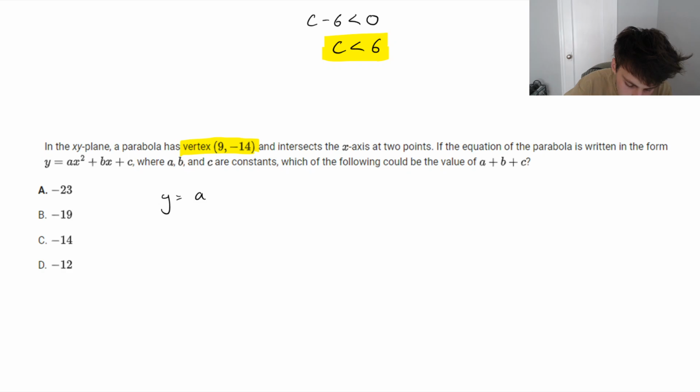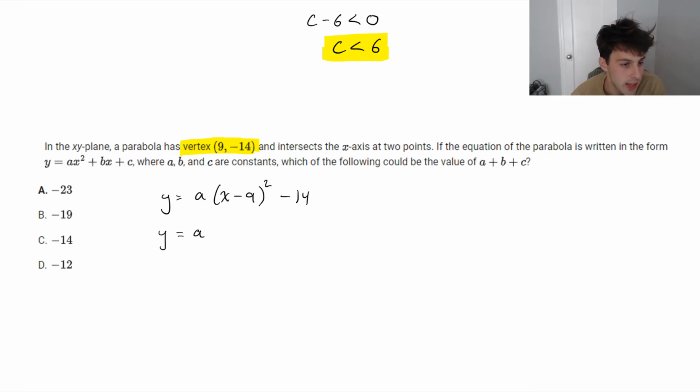So y is equal to a times, it's at positive 9, so it's going to be x minus 9 squared, and our value of k is minus 14 here. And similarly to the last question, let's just expand this and see what we can do here. Because I see that we also have a standard form given in our question, and I want to take the information that's been given for the vertex form and see how I can bridge the gap between the 2 different forms.